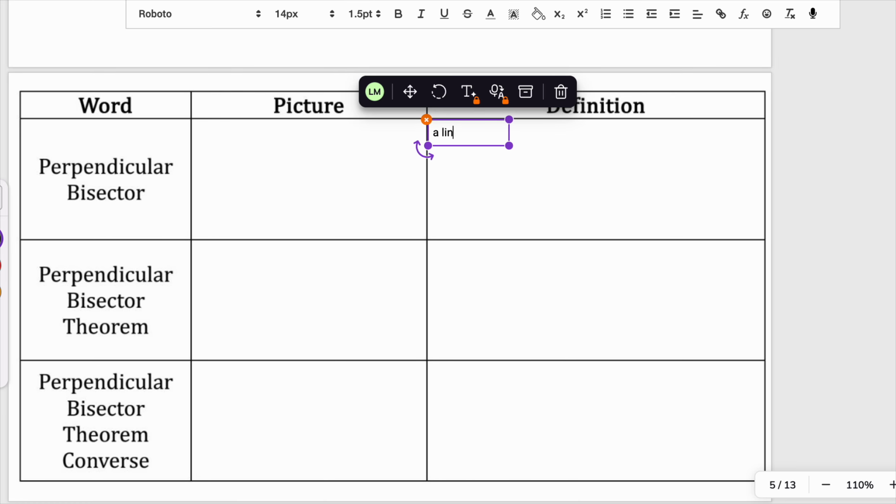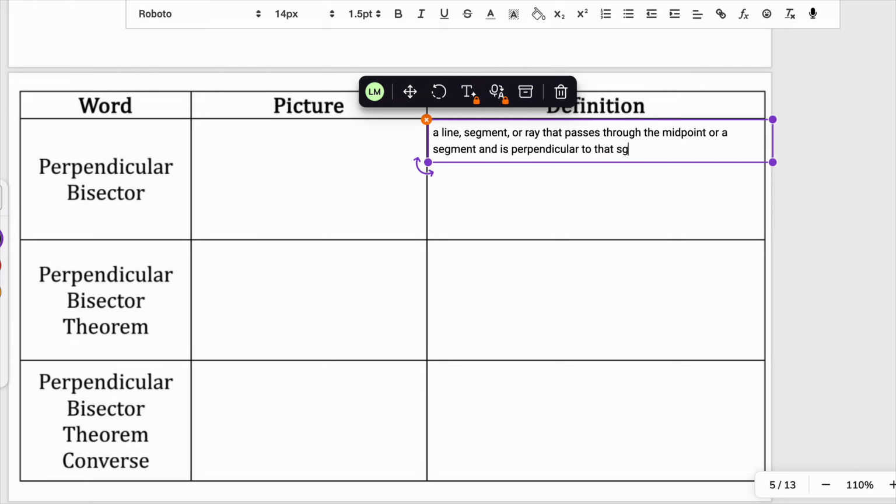Perpendicular bisector is a line, segment, or ray that passes through the midpoint of a segment and is perpendicular to that segment. Okay?